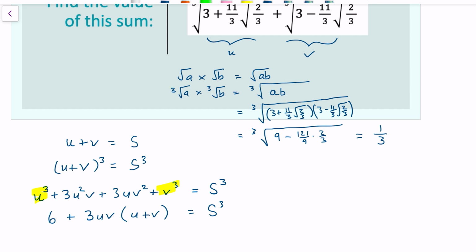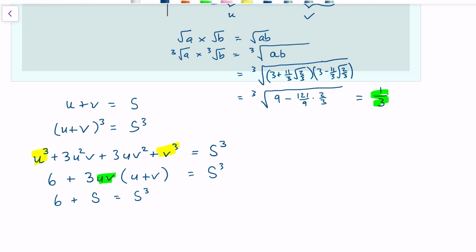So we can then go back and say, okay, 1/3 goes into here. So we end up with 6 plus 3 times 1/3 times (u plus v), which is s, equals s cubed. Now, normally speaking, when we're solving a cubic equation without technology, we need to have one of the solutions being an easy one to work out.